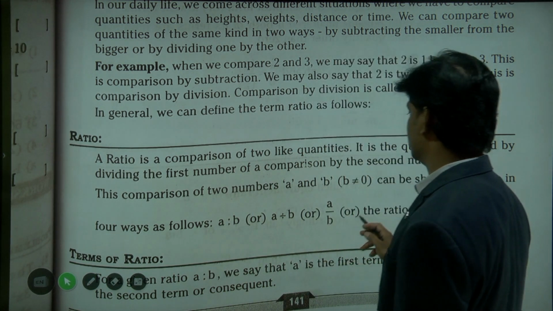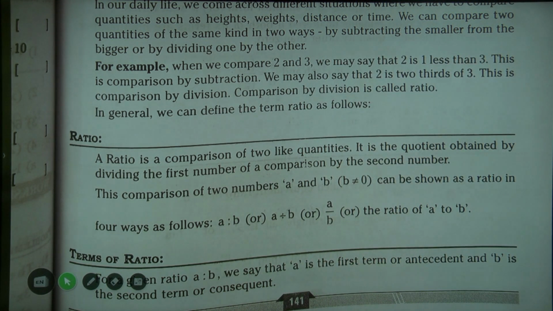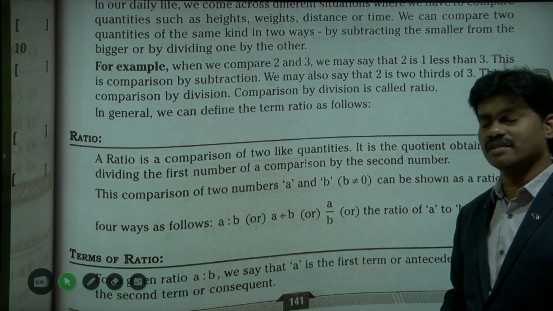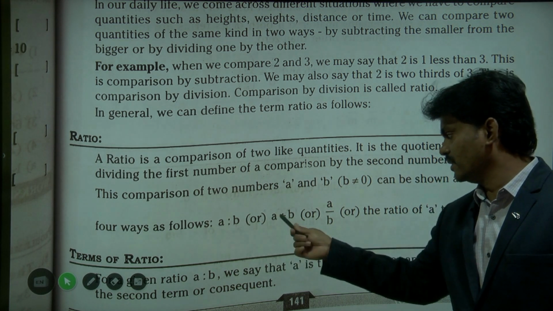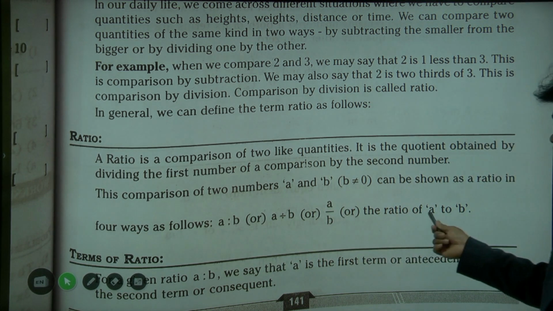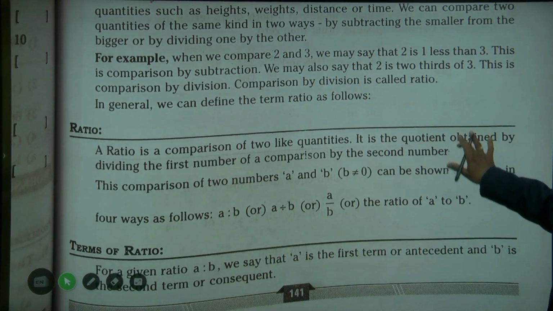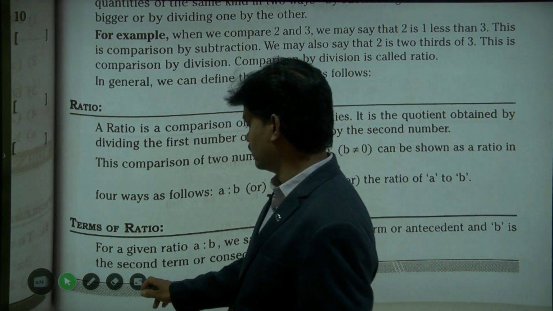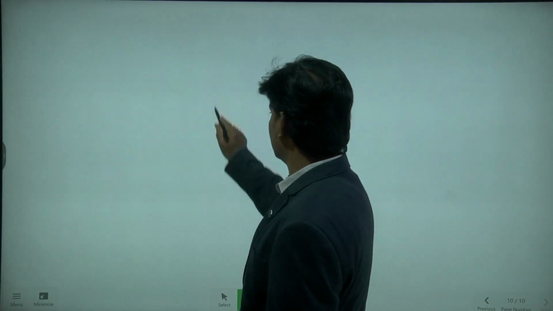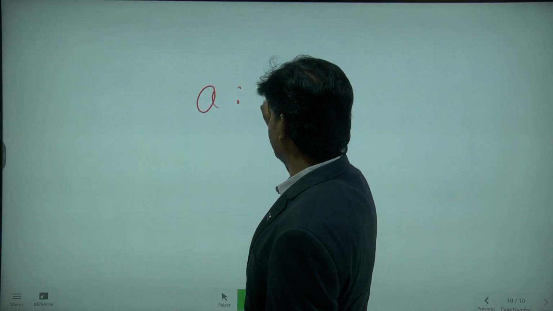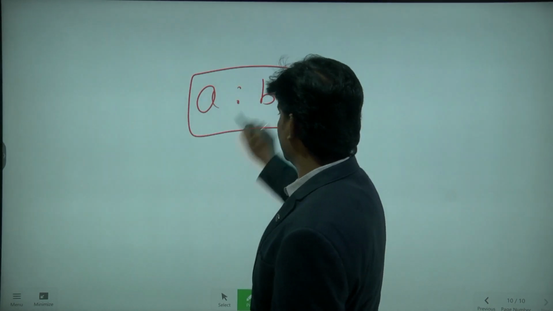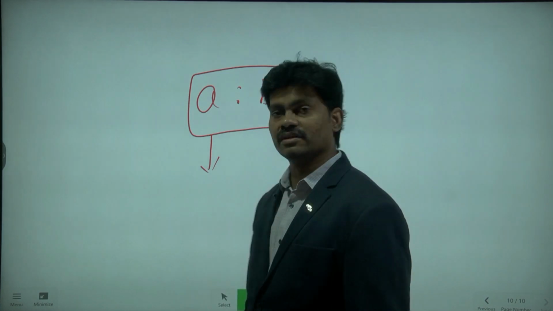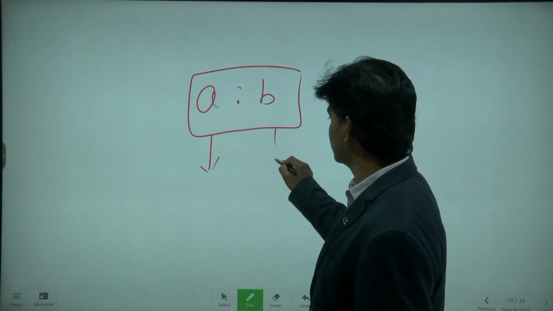In general, it is the quotient obtained by dividing the first term of a comparison by the second term. Quotient in the sense division. A is to B, A divided by B, or A to B. Terms of ratio: we have two terms generally, A and B. A is called the first term in the ratio and B is called the second term.